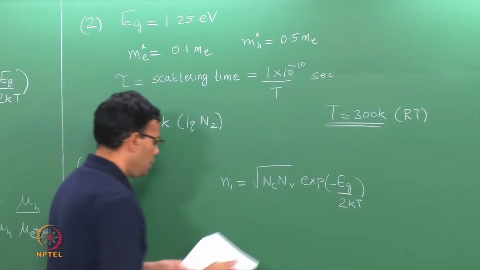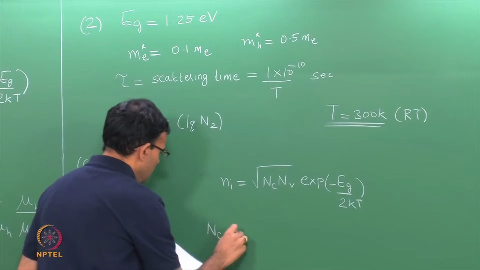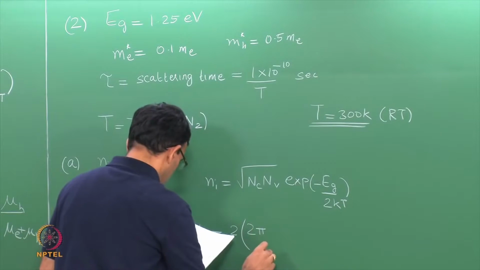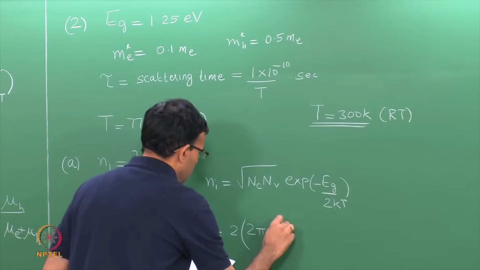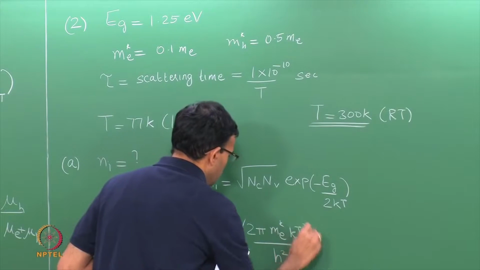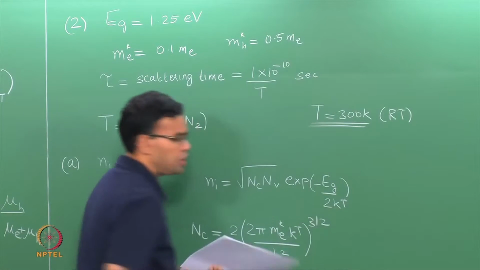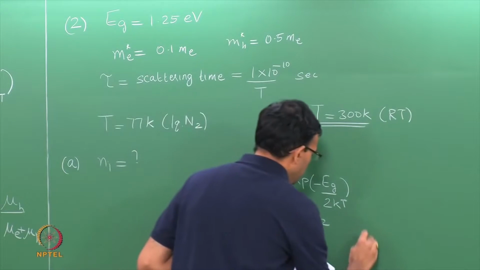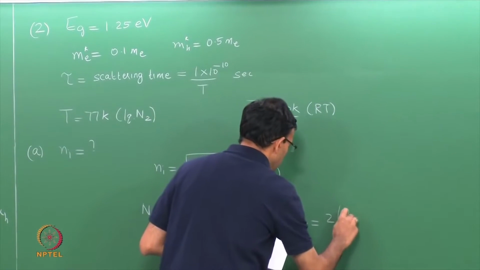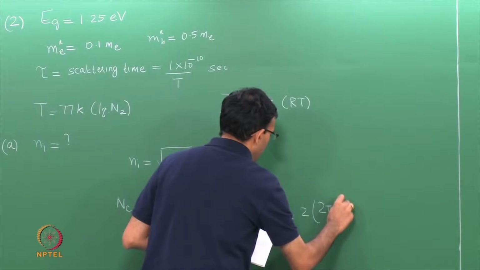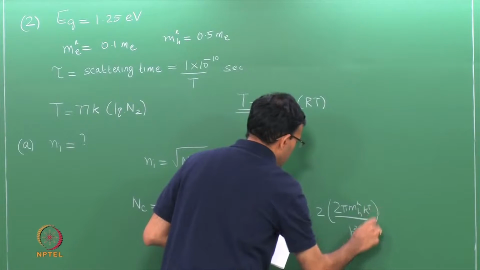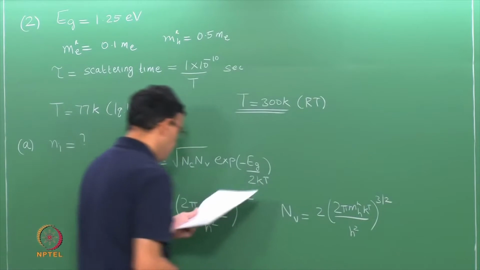So, Nc, the density of states at the conduction band edge, is 2 pi me star kT over h square, whole power 3 over 2. For Nv, we can do the same for the valence band edge: 2 pi mh star kT over h square, whole power 3 over 2.